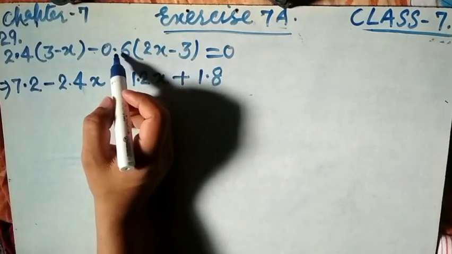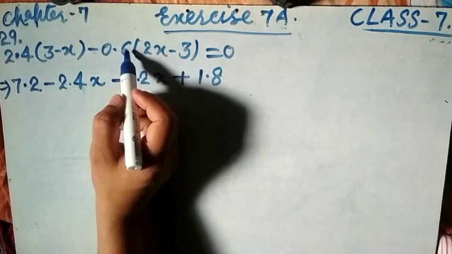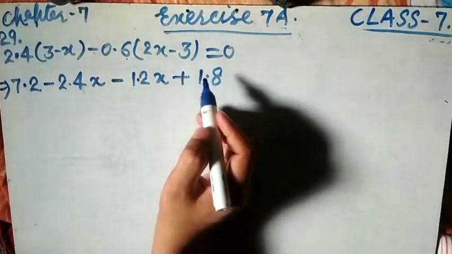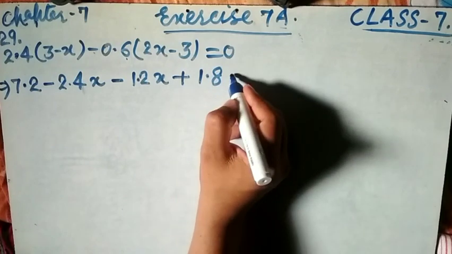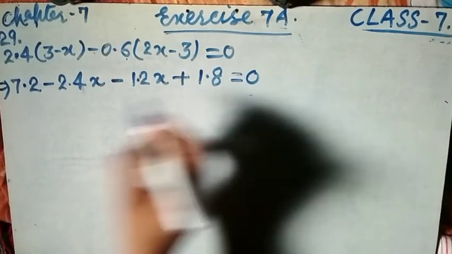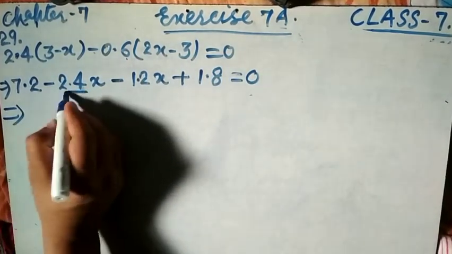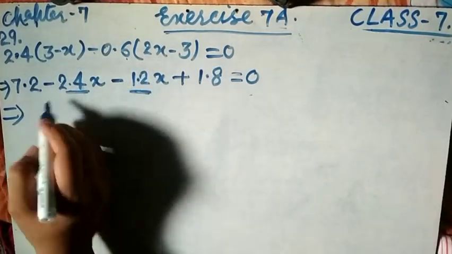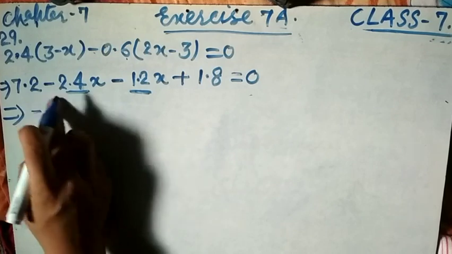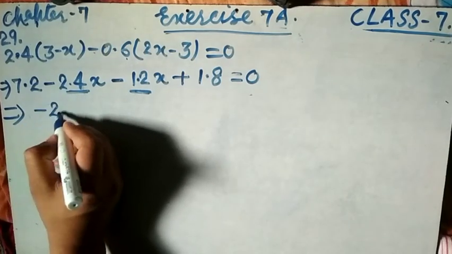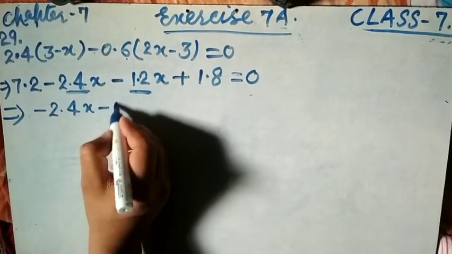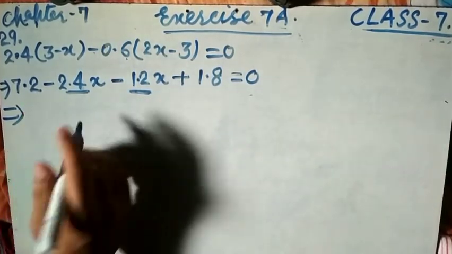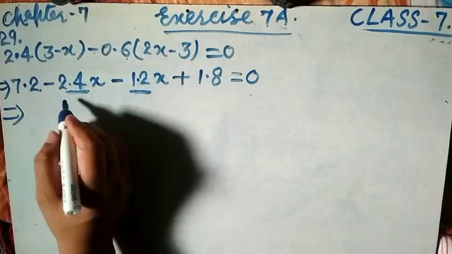Because after the decimal there is one digit. Okay, this is 0. Now these are the x terms. Here is the x term. So bring all the x terms: here the minus 2.4x, here the minus 1.2x. Now add all the values.